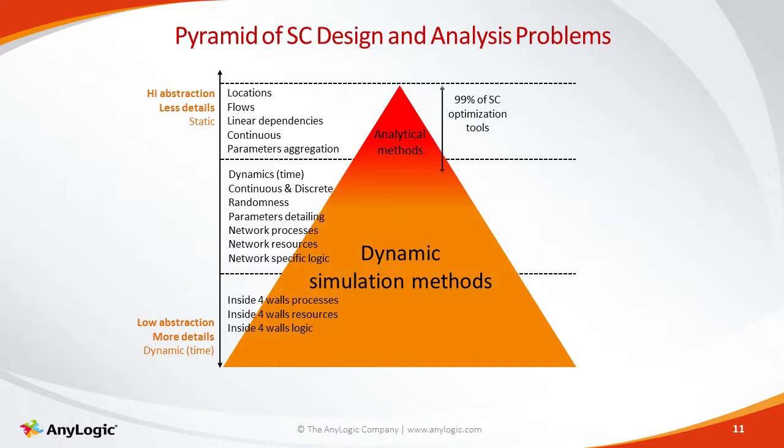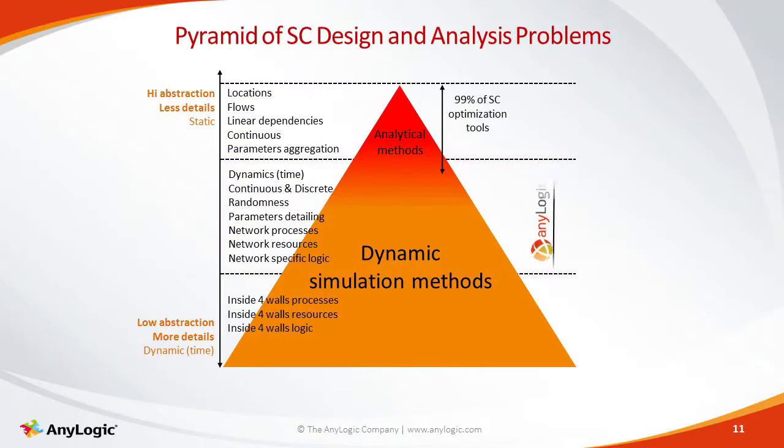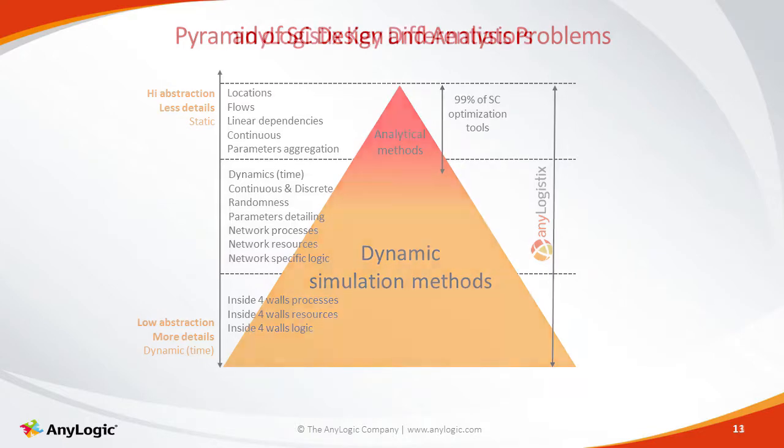And what those tools do is just develop the front end to create the model which is solved with those solvers. And AnyLogistix works on all those abstraction levels. So you may do inside-the-walls modeling, you may work at the network level and describe the network-level logic, processes and resources. And also you can use analytical methods to solve your problems.